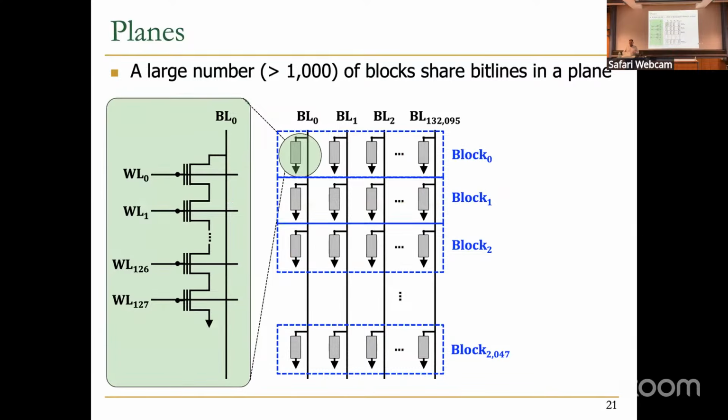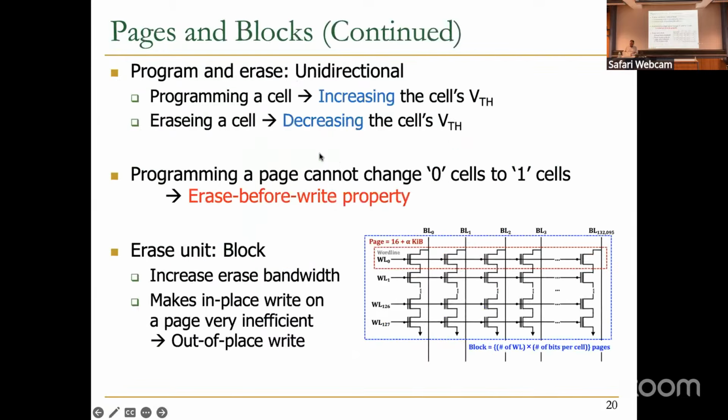So a large number of blocks share the same bit line, you can see. Each of these is a NAND string, and several NAND strings make up our block. Let me get back to this picture.